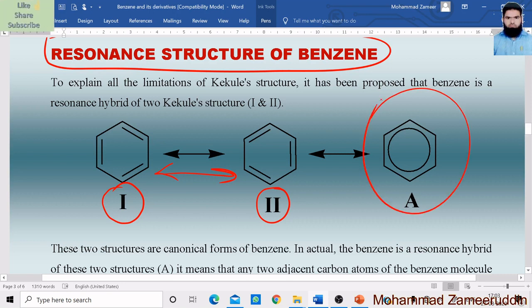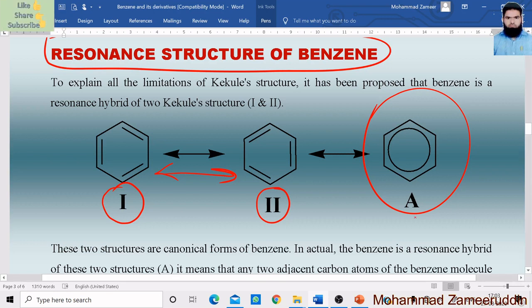So it is concluded that actually benzene exists in this form, where the double bonds are continuously rotating around the different carbons. The double bond is not fixed between any two carbons, rather it is circulating, having resonance over all the carbons.